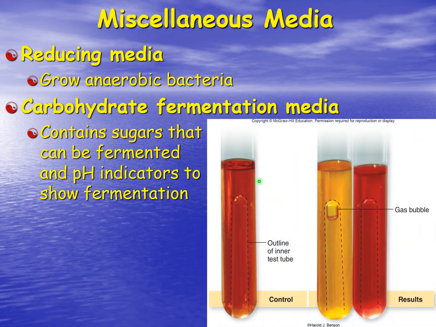So for example, again, here's our uninoculated tube. We also have a small inverted tube called a Durham tube in this liquid media. We've inoculated both of these tubes with different bacteria. This one shows no growth of the bacteria or no usage of the sugar that was put in there, because it remained the same color as the original uninoculated tube.